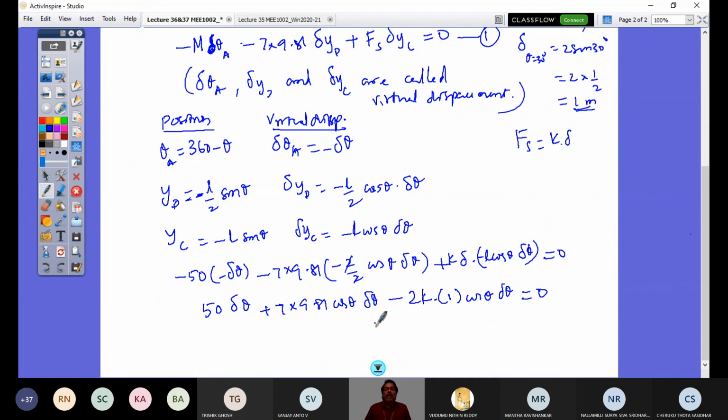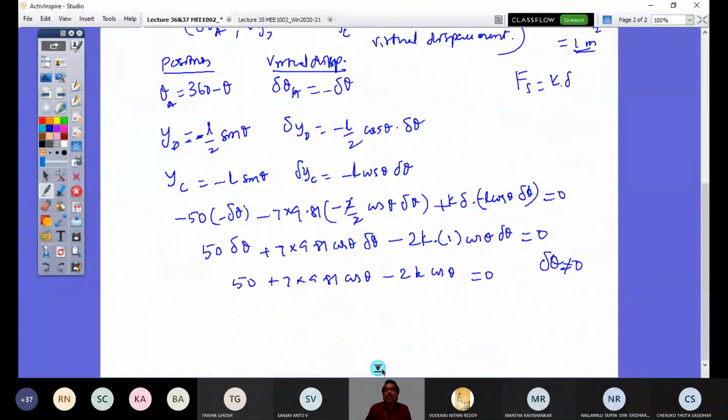So the remaining quantity, 50 plus 7 into 9.81 cos theta minus 2k cos theta, must be 0, since delta theta cannot be 0. So I can solve for k. Therefore, k would be 50 plus 7 into 9.81 cos theta divided by 2 cos theta.